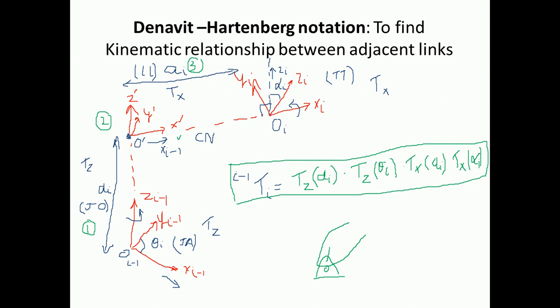So with respect to the right hand thumb rule, the z axis is going to be drawn over here, the x axis is going to be in this direction, and with respect to the right hand thumb rule, the y axis is going to be drawn in this direction.